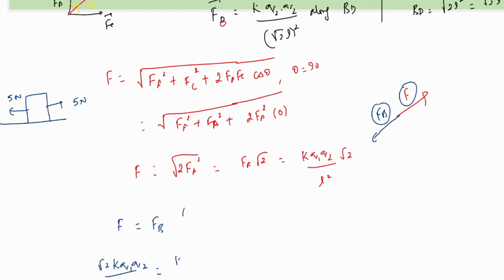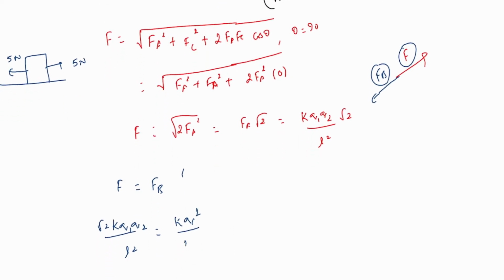We get FB as K, this will be Q2 square by, this becomes squaring, it becomes 2L square. So from here, K gets cancelled, and then this Q2 gets cancelled with one Q2.